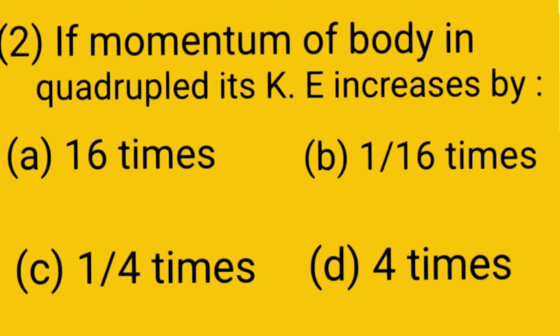P, which is momentum, is equal to mv. As they told us in the question that momentum is 4 times, so how much will the kinetic energy increase? Now let's check it.